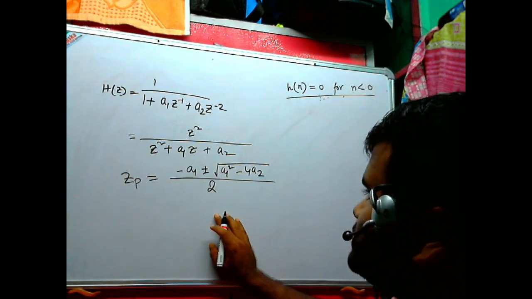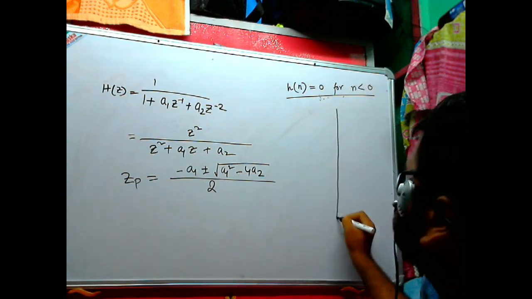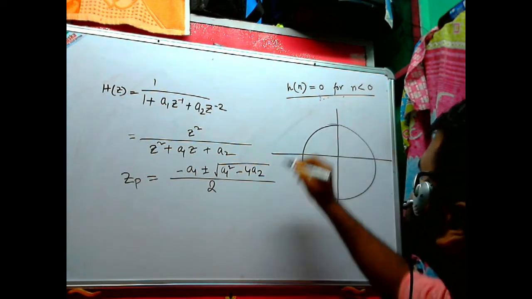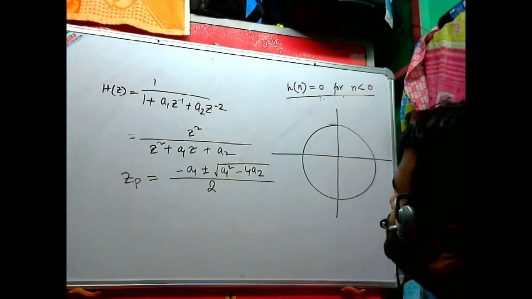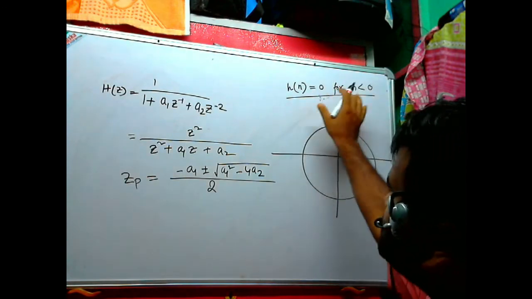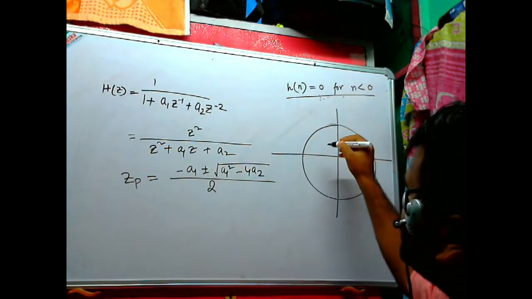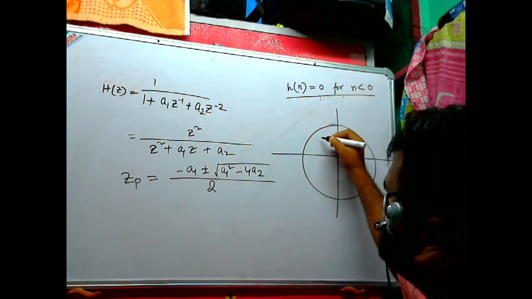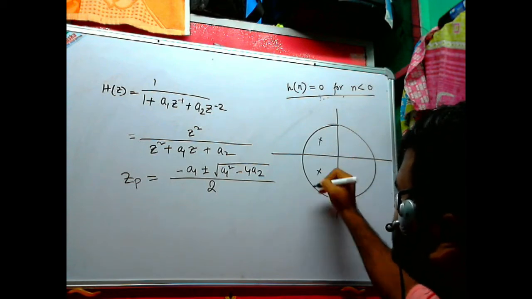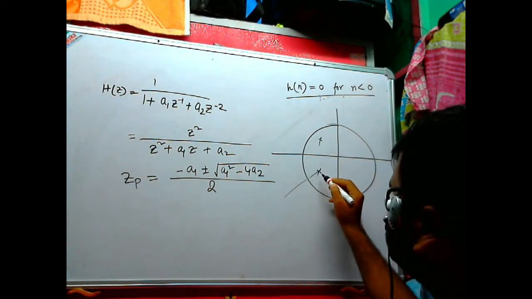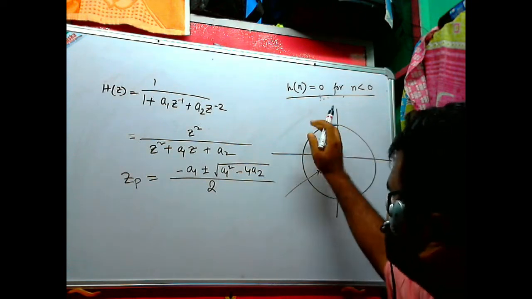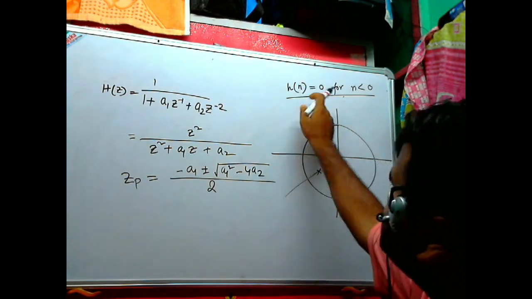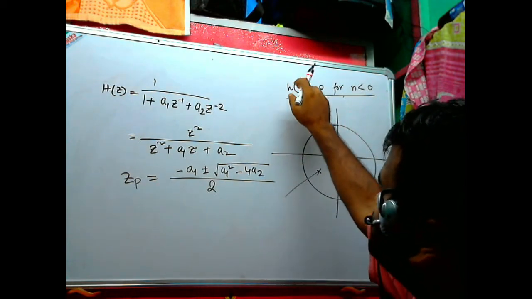Suppose this is the z plane and this is the radius 1 circle. In order to have a causal as well as stable system, the location of the poles must be inside the |z| equals 1 circle, because then only it will include the radius 1 circle and be outside the outermost pole, representing a causal system.